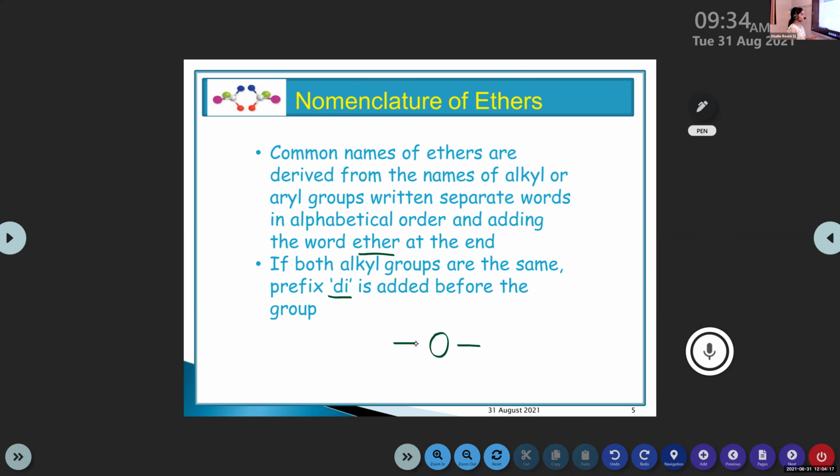This is the structure of ether. Here one R group, and here sometimes R or R dash. R dash means another group. If the same groups are present on both sides of oxygen, we will use the term di, that means dialkyl ether. Or if different groups are there, like methyl and ethyl, we will write ethyl methyl ether. That's the method of writing the common name.